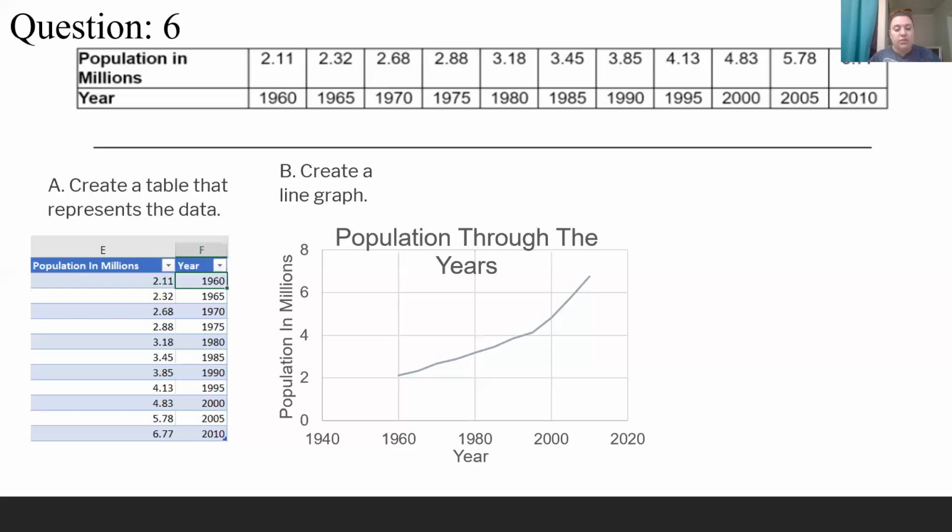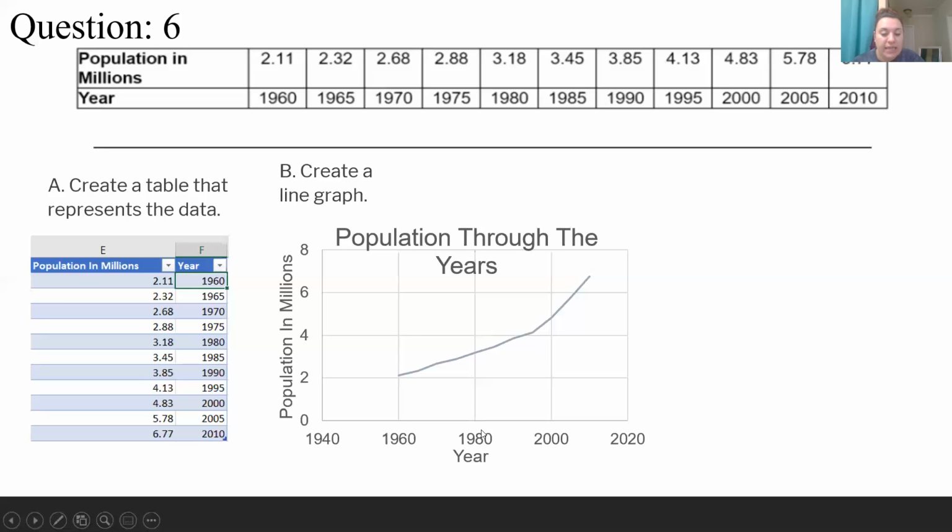And so here's what I did. At 1960, it was at 2.11. You can see here, it's not on 2 million, it's a little bit above. So that represents our 2.11. And then 1965, it went up to 2.32, and you can see that it slowly, gradually goes up.